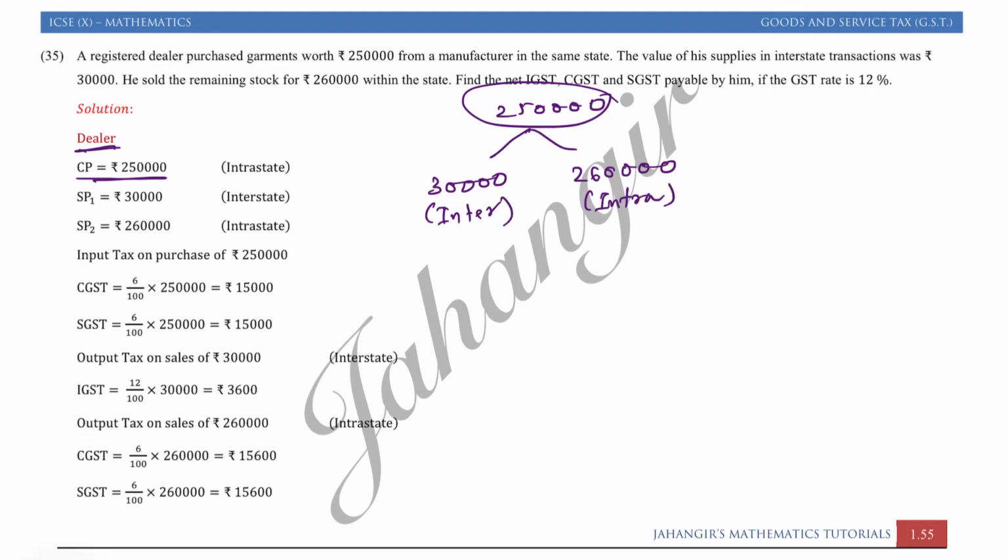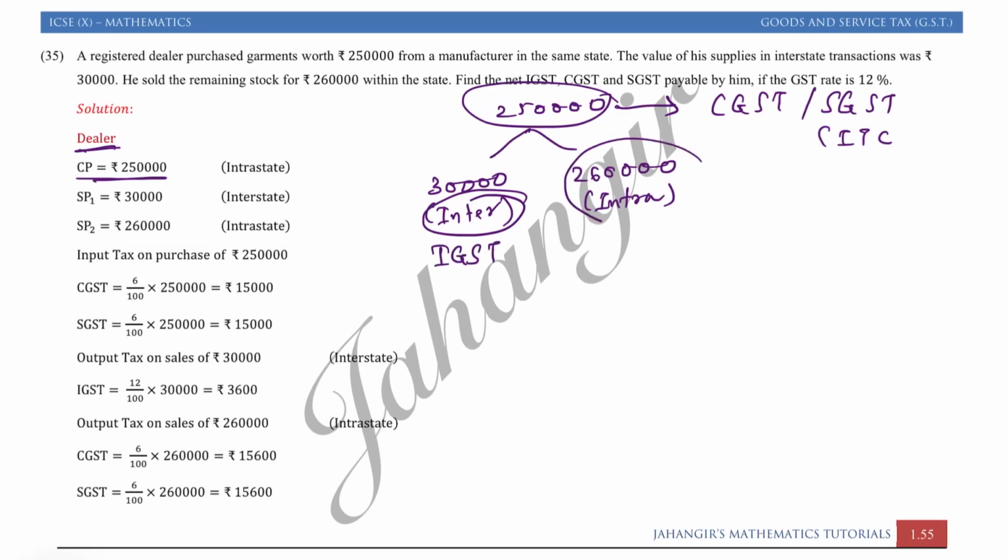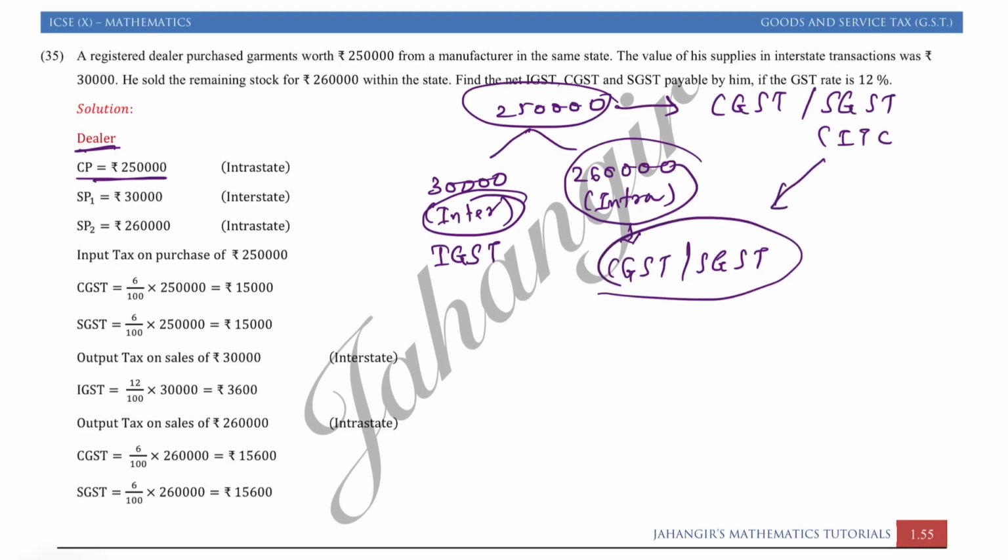So while buying he had paid CGST and SGST. This was just a credit, that is ITC. While selling he got tax as IGST, and for this part he got tax as CGST and SGST. So we have to adjust this credit against CGST and SGST.